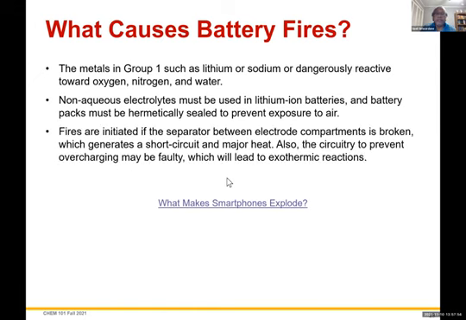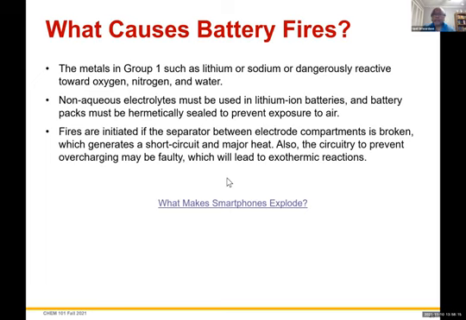Fires are initiated if the separator between the electrode compartments is broken, which short circuits and produces major heat. Also, circuitry to prevent overcharging may be faulty.